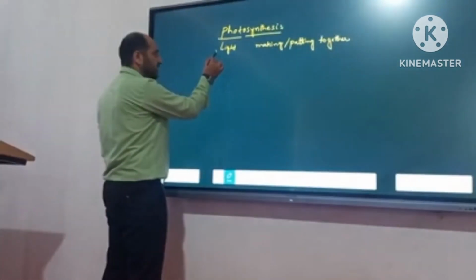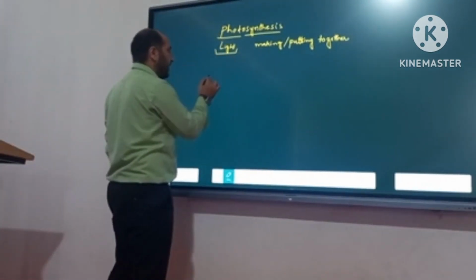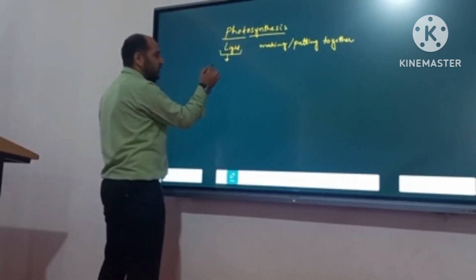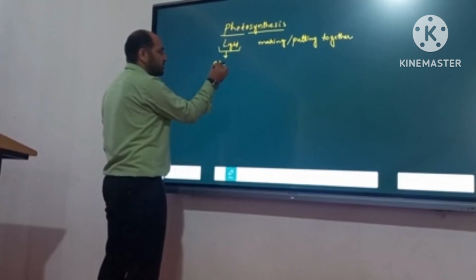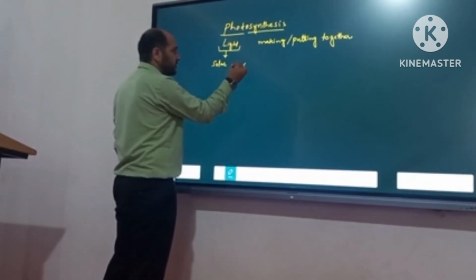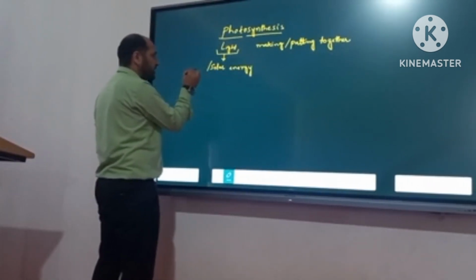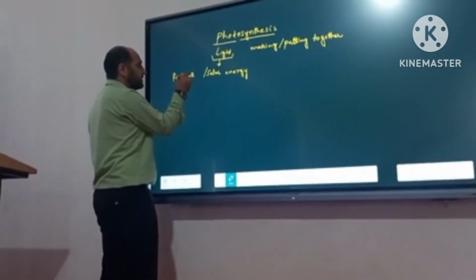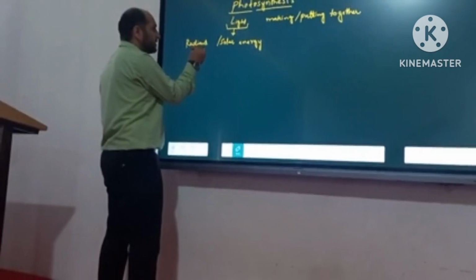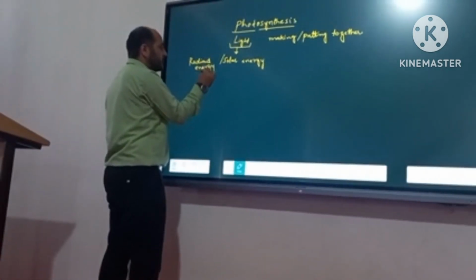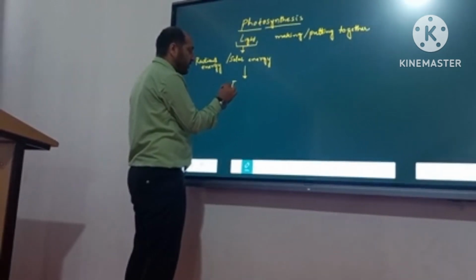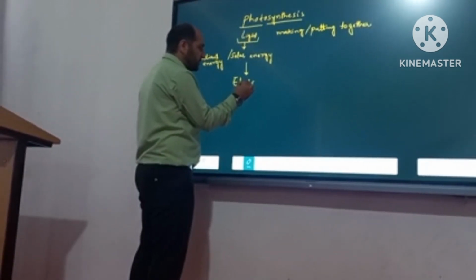So we will take it in parts. Firstly, we will study the part of light. Light is also called solar energy, which comes from the sun, or radiant energy, and it comes to our earth in the form of the electromagnetic spectrum.